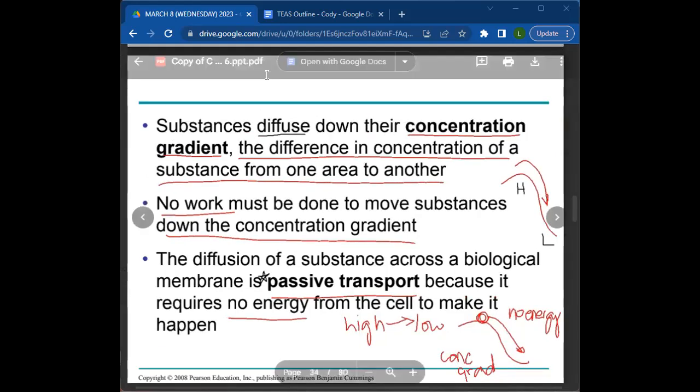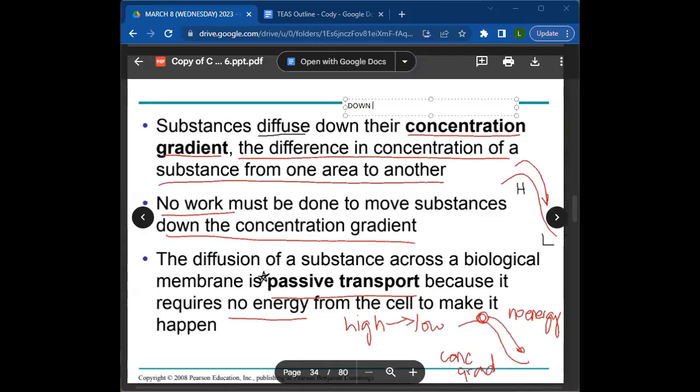I try to remember the term downhill because when you're moving downhill, you are going from a high point up at the top of a hill down to a low point at the bottom of the hill. So that can help you remember the high to low, and then the downhill part can help you remember that going from high to low is moving down the concentration gradient.